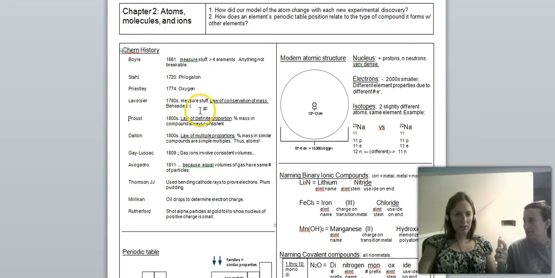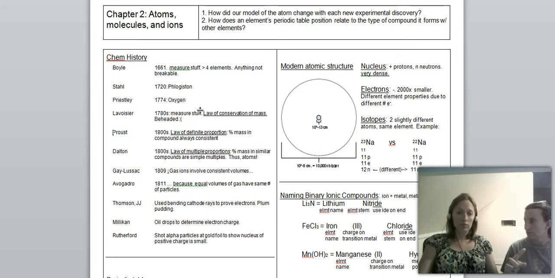Then you've got Joseph Proust, who was in the 1800s, and he burned a lot of things and found that if you took a compound and broke it down into its constituent elements, not necessarily burning, but whatever it is that he did to break them down, if you did that over and over, you always ended up with the same ratio.